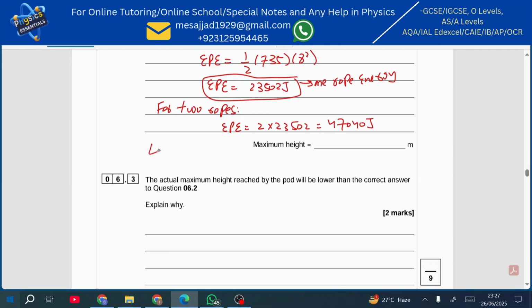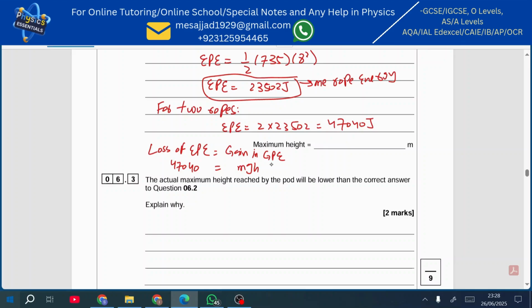So the loss of EPE, which is elastic potential energy, is now being converted into gravitational potential energy. So you will say that the loss of elastic potential energy is equal to the gain in gravitational potential energy, right? So this was your total, and this is your gravitational potential energy, which is mgh.